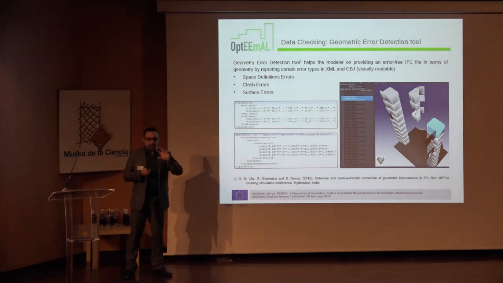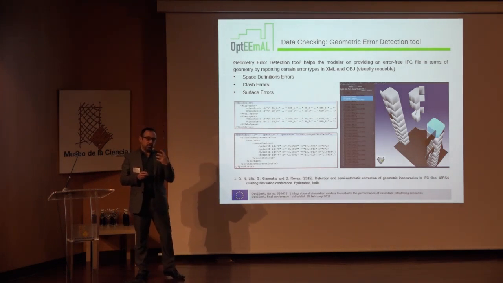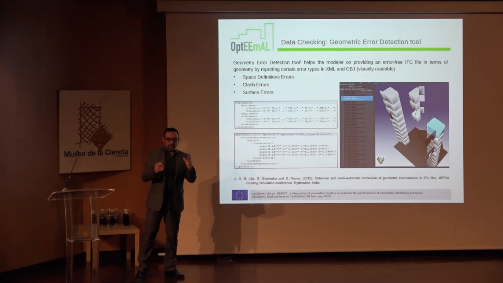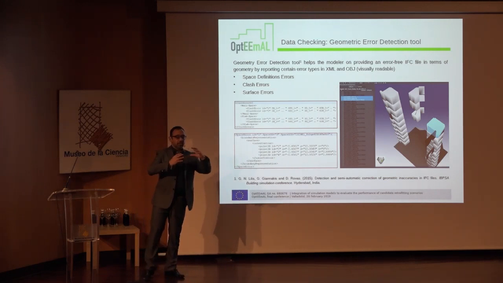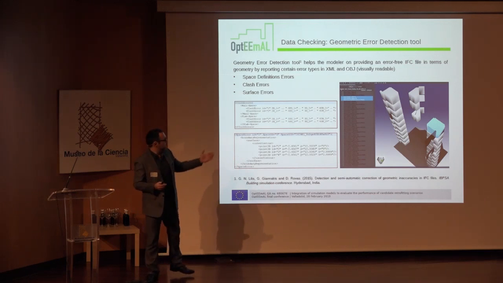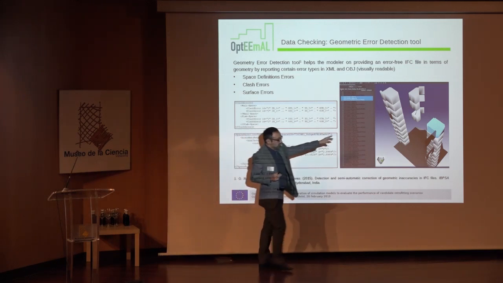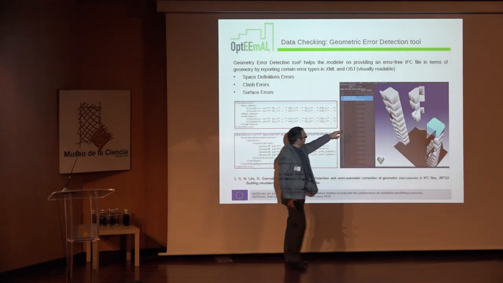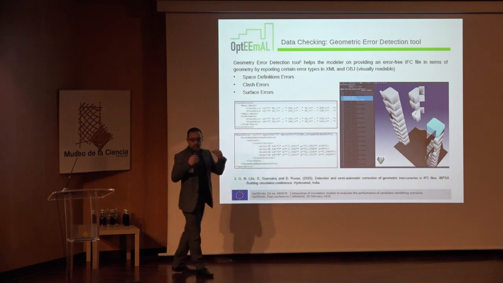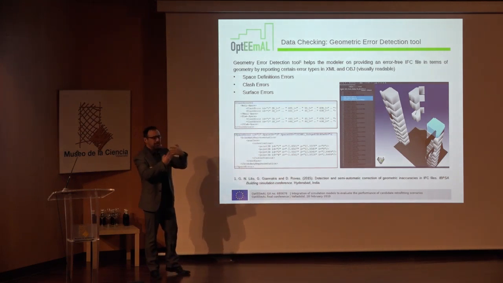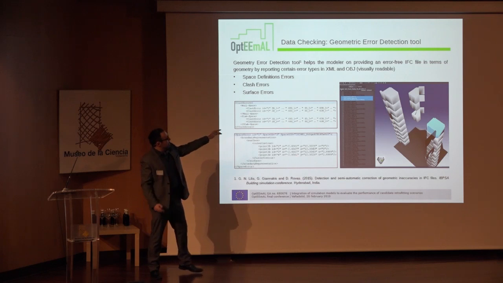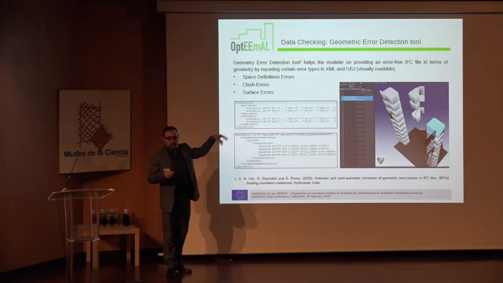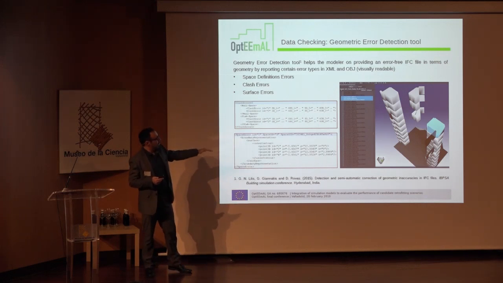Another tool that we have developed is the so-called geometric error detection tool, which detects clashes among building architectural elements. For example, here you see a clash between a building space and a building wall. It reports these clashes with a visual aid, as well as a text output format.